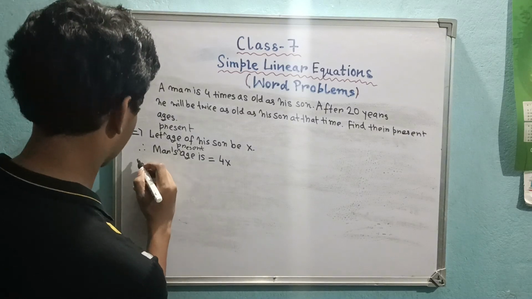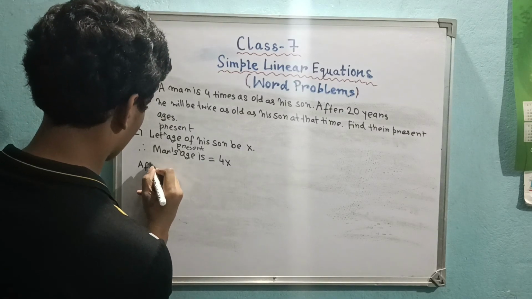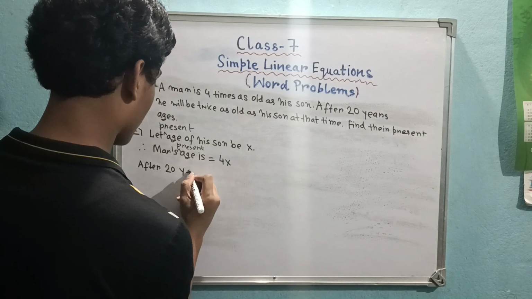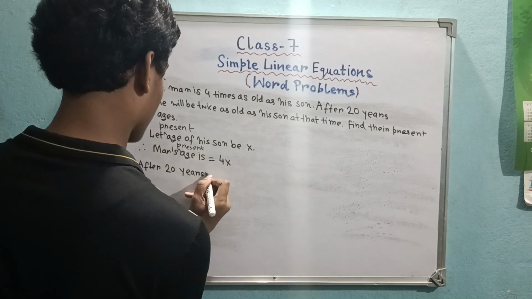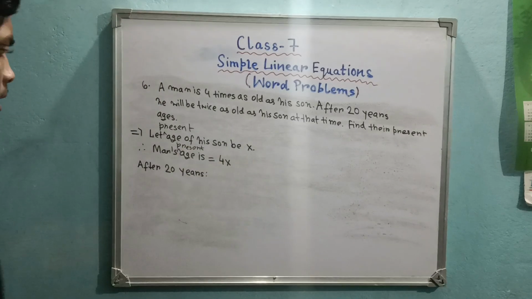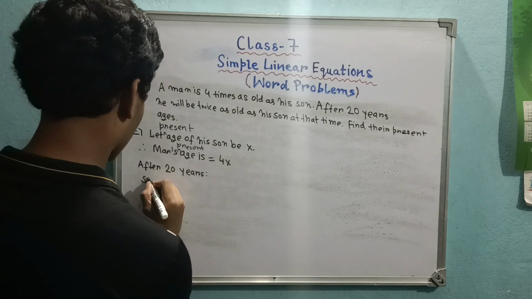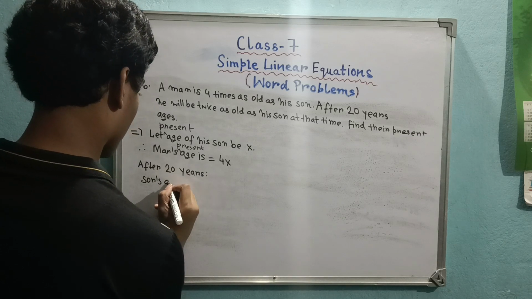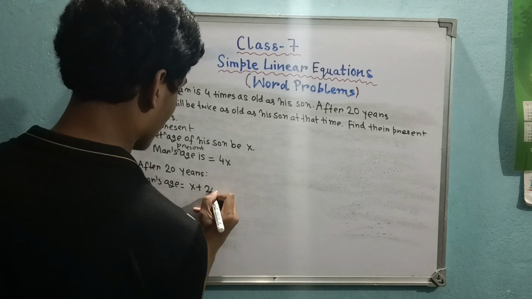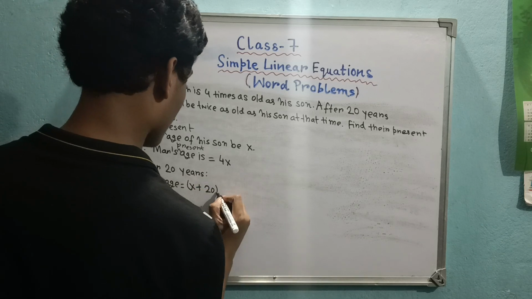Alright, after 20 years. Let's see what the ages become after 20 years. So after 20 years, what will be the age of the son? It will be x plus 20 years.